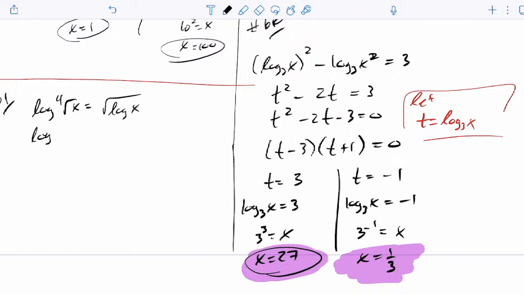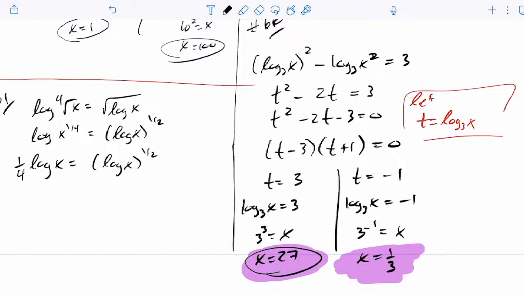This is log base x to the 4th of log of x, the whole thing to the half. So once again, they're just testing you on if you know when you can drop and when you can't. You can drop the quarter on the left-hand side. So that's what they're getting at here. I can drop the quarter on the left-hand side, and I can't do that on the right-hand side.